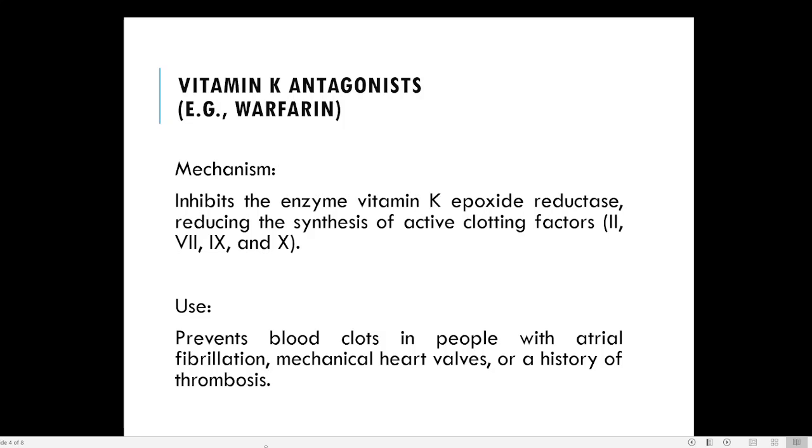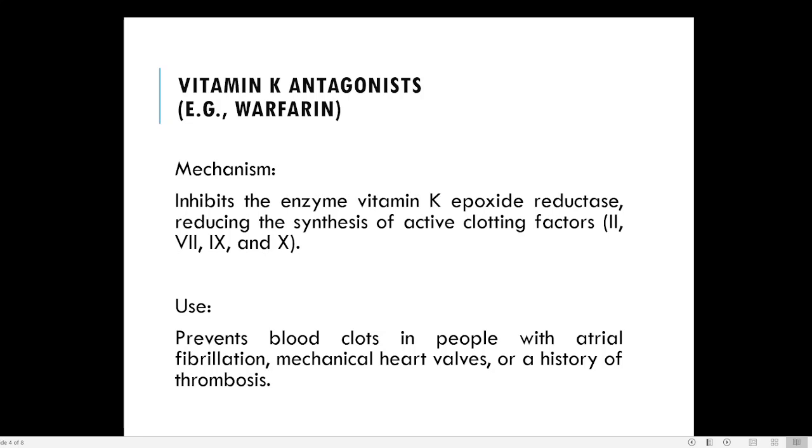I will show you what atrial fibrillation is. Here you can see a picture. Atrial fibrillation is an irregular and very often very rapid heart rhythm that can lead to stroke, heart failure and other complications.